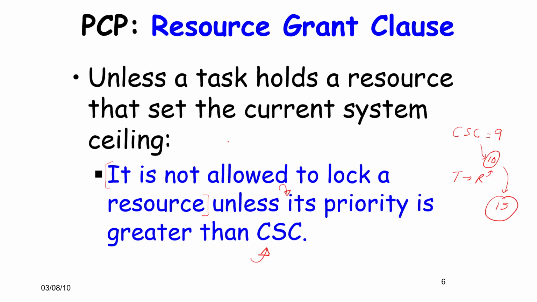So, in that sense, I pretty much get a carte blanche to lock as many resources as I can. We will look at this issue in great detail in the subsequent slides. But the key point here is that it is this clause that I simply cannot lock a resource unless my priority is greater than the system ceiling. Of course, this is assuming that I am not the one to have set the current system ceiling in the first place.